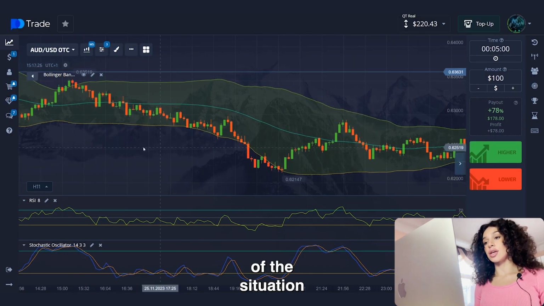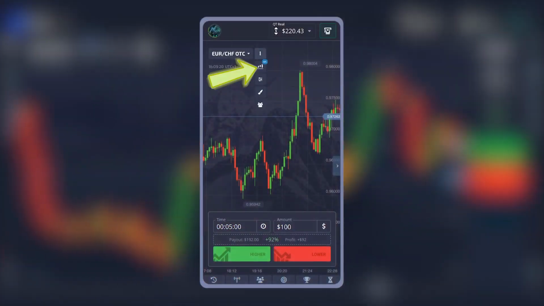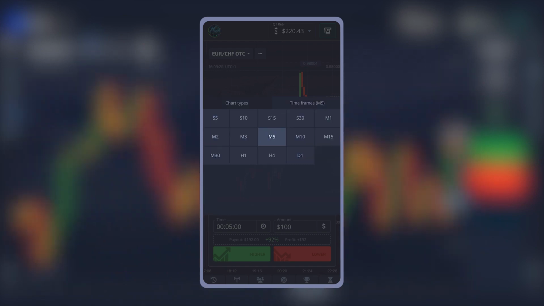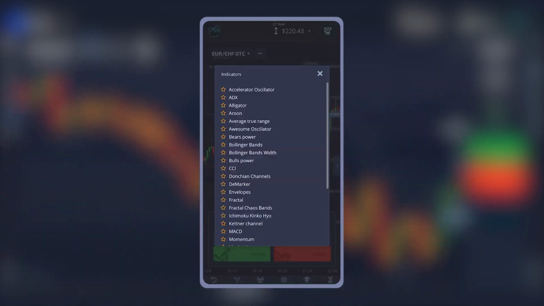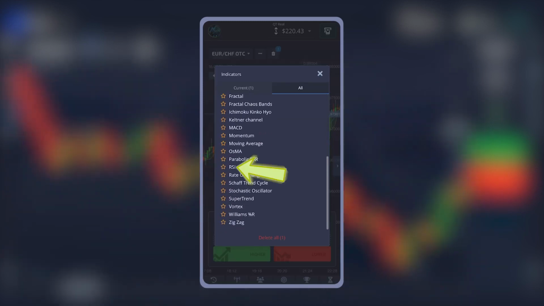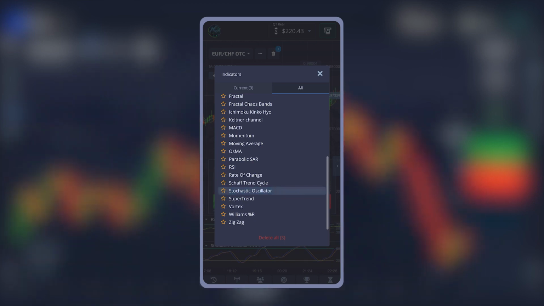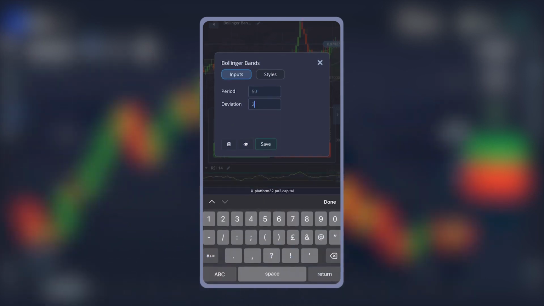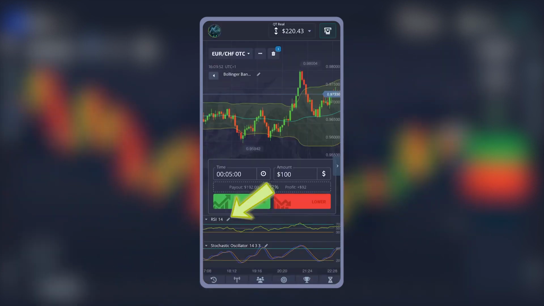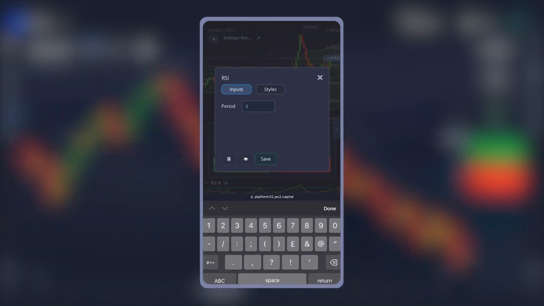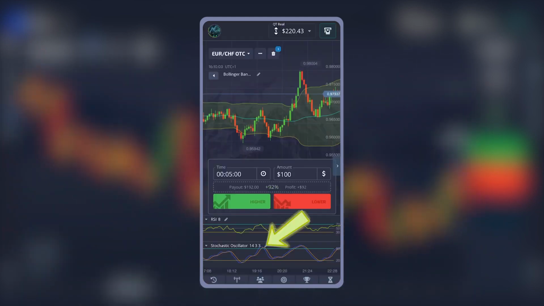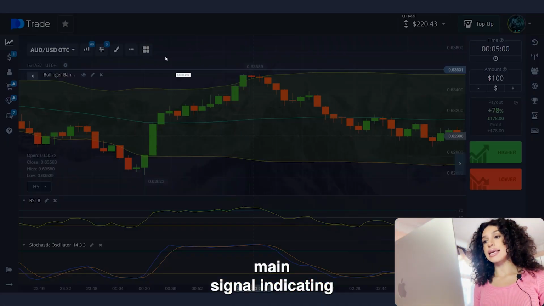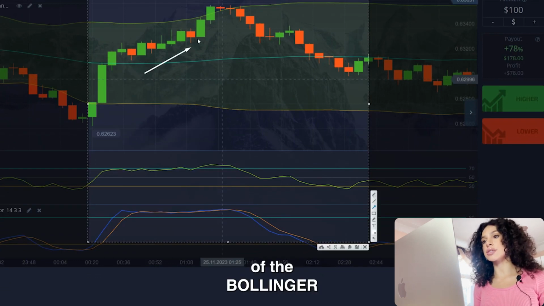So now I'll show you an example of the situation and explain how it works. Look, the main signal indicating a decrease in price is that the chart has gone beyond the limits of the Bollinger Bands indicator.